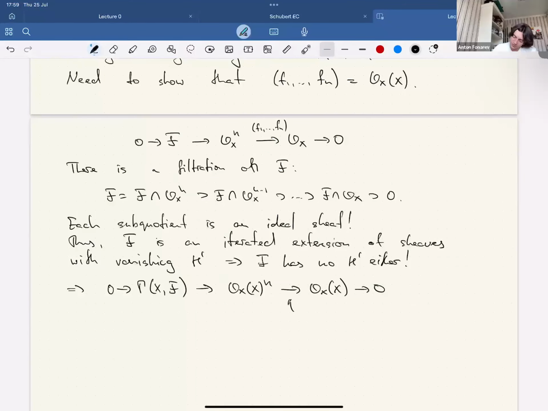So in particular, this map is surjective, which specifically means that the ideal generated by f1, ..., fn is the whole algebra of global functions. And we have finally finished.